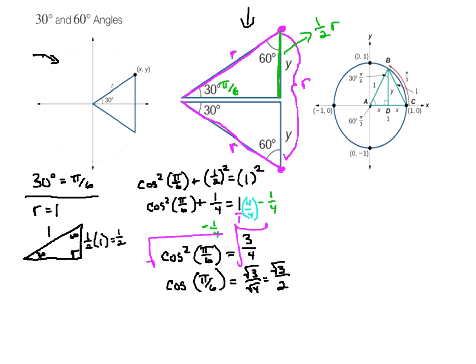Now I am able to say, in my 30, 60, 90 triangle, if I am looking for the sine and the cosine of the 30-degree angle, so this would be this point right here, I can now say that my cosine is square root 3 over 2, and my sine is 1/2.